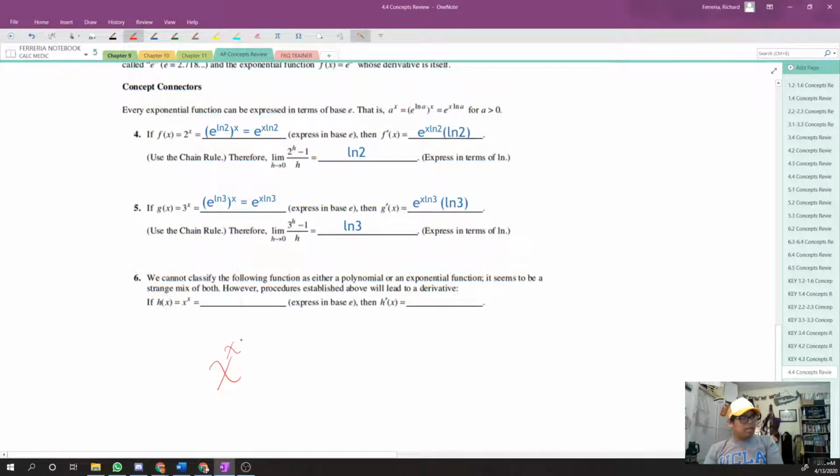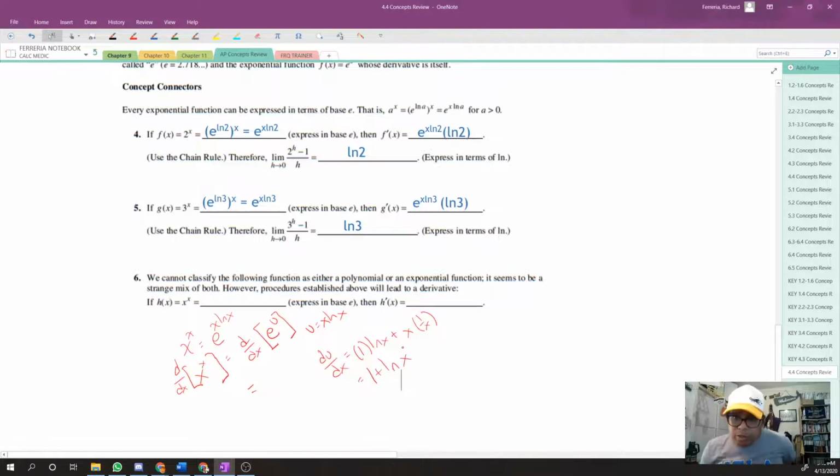Well, using what we know, the derivative of x to the x power should be the same thing as, let's write this down. To start off with, x to the x is the same thing as e to the x natural log of x. So the derivative of x to the x is the same thing as the derivative of e to the u, where u is represented by x log x.